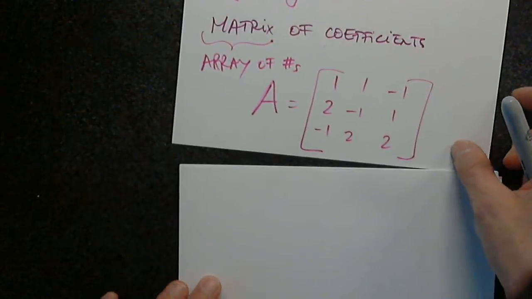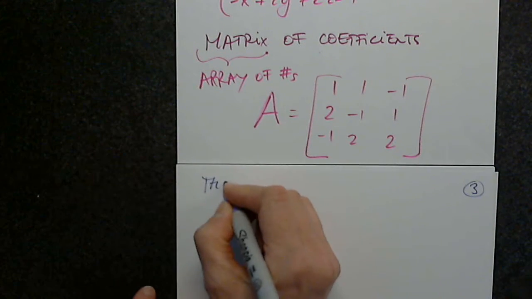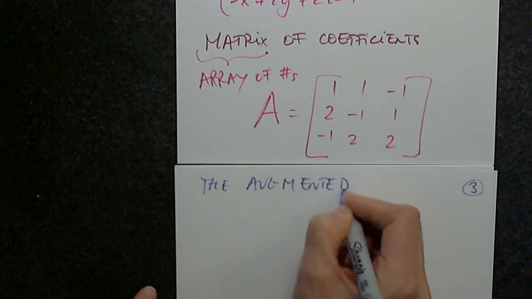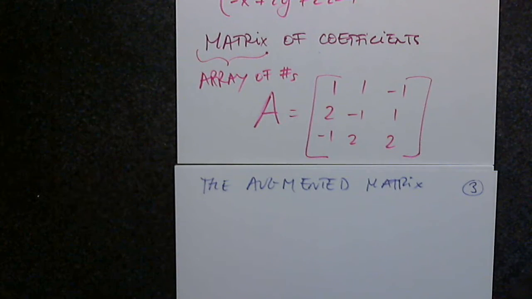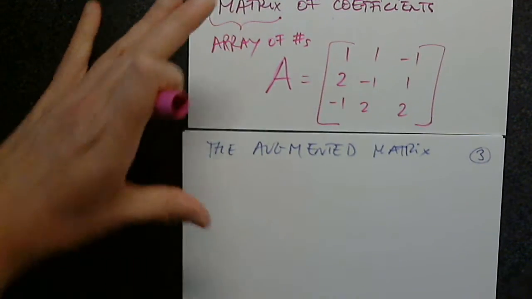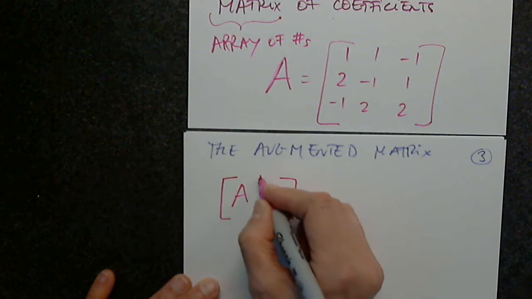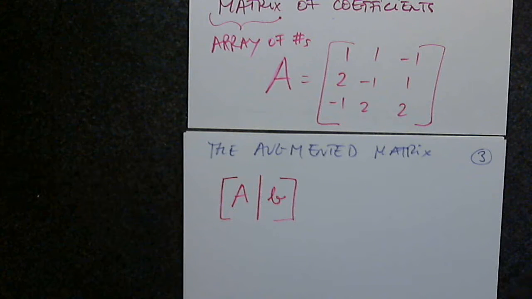You can say, what is that? In a second, you'll see. The augmented matrix. Well, it has something extra. It's the same matrix, but with something extra. So here's the notation for the augmented matrix. Uppercase A, a vertical bar, and a lowercase b.